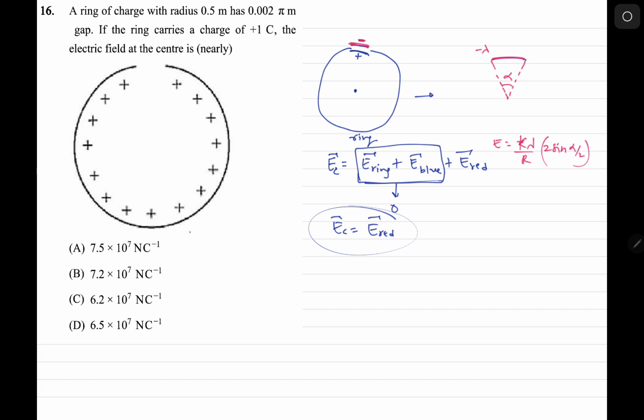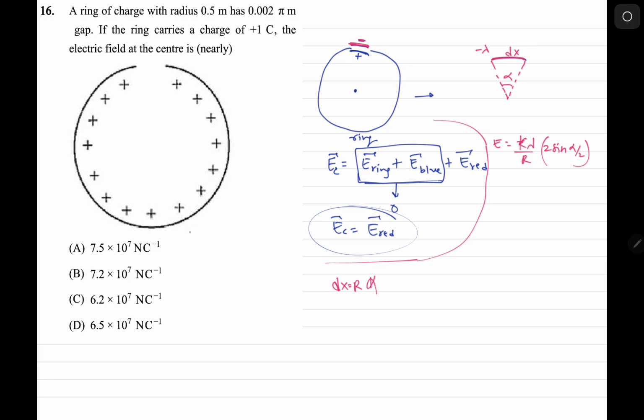Now the length of the element is given, which is very small, so we have to apply the small angle approximation. For that, I just need to find the alpha value. We know that h equals r into theta, so dh equals r into alpha.